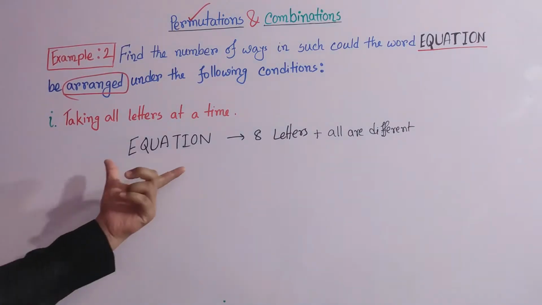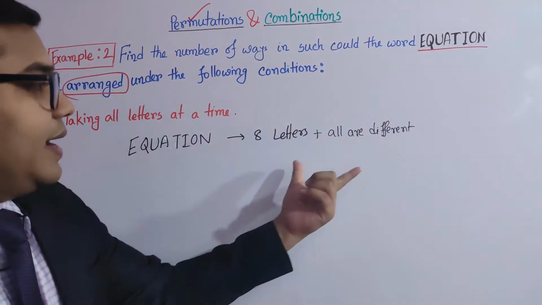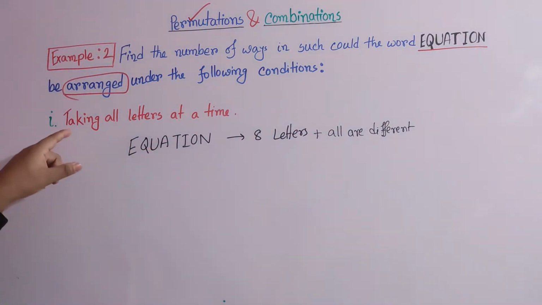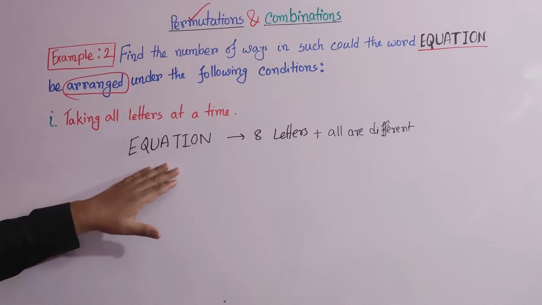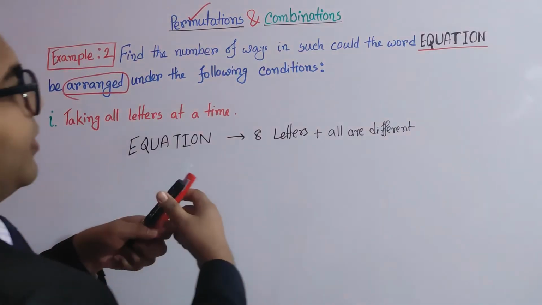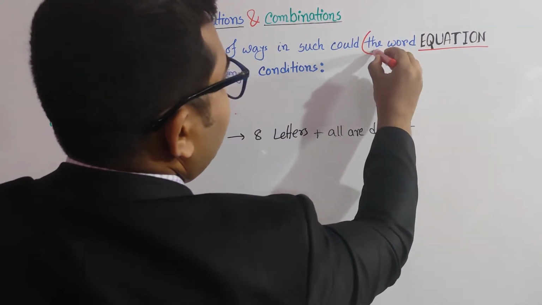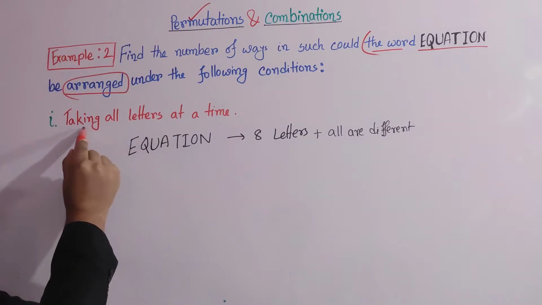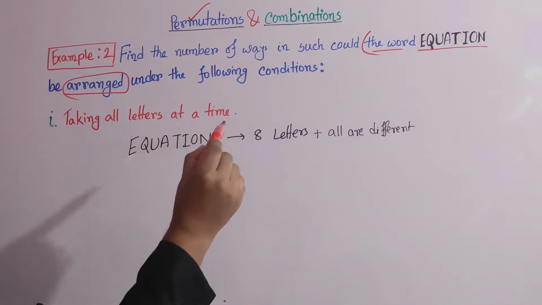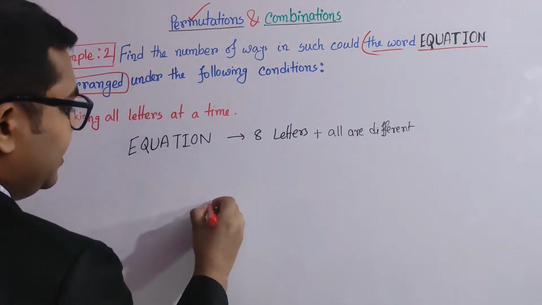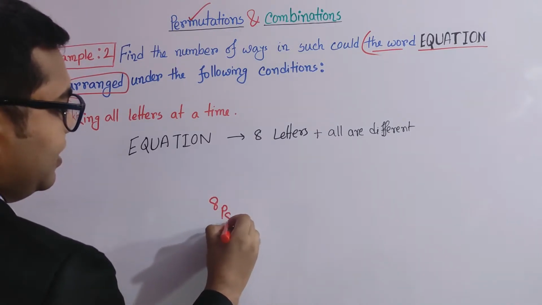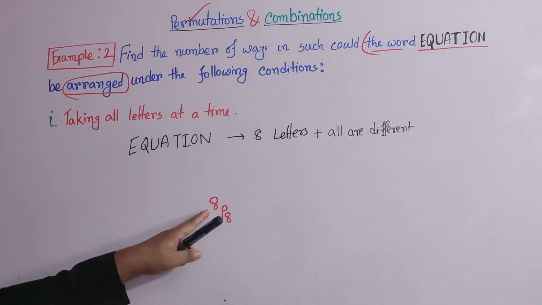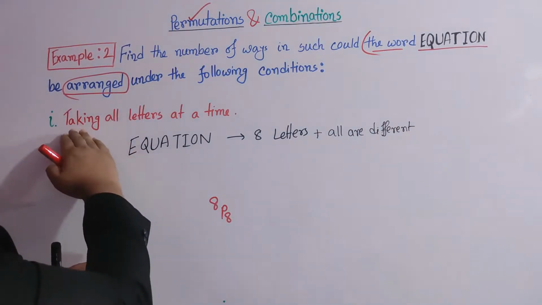Since the word equation has 8 letters and all are different, if we take all letters at a time, the word equation can be arranged in 8P8 ways, because there are 8 options and we have to take all the letters.